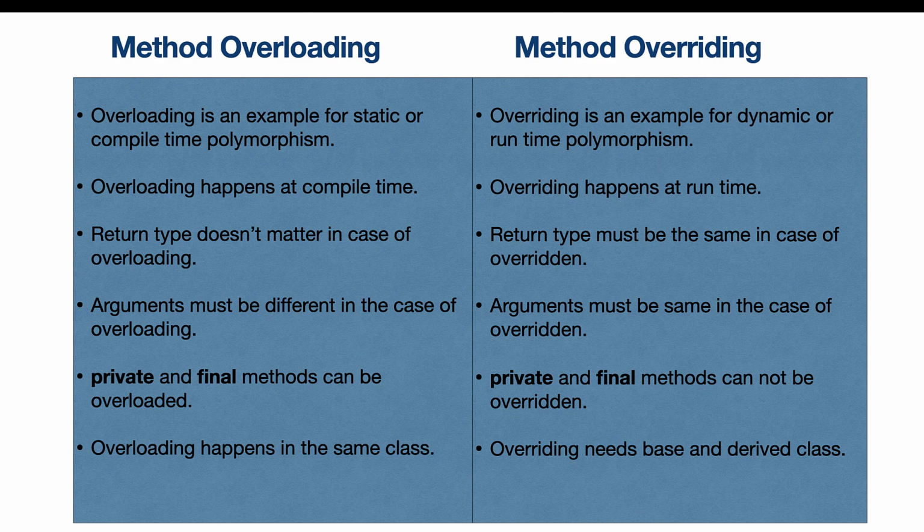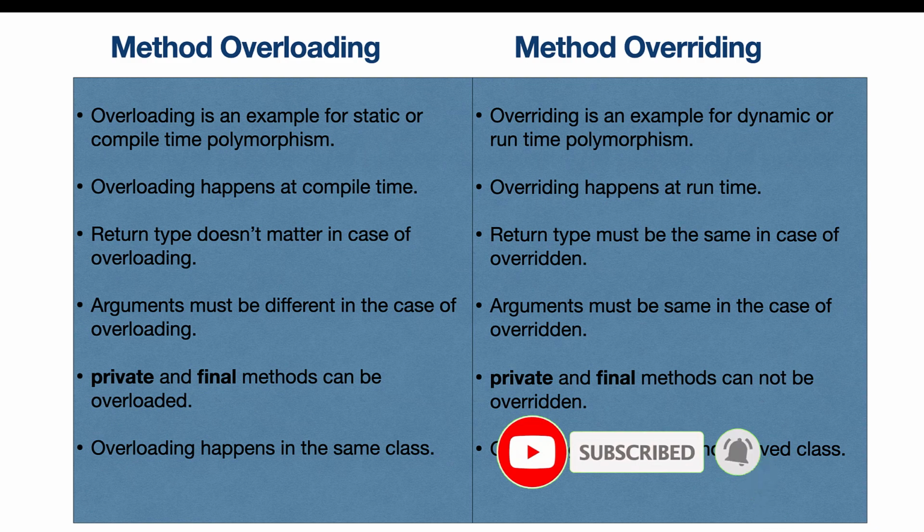Private and final methods can be overloaded, but private and final methods cannot be overridden, because we cannot extend a final class, and final methods also cannot be overridden. Overloading happens in the same class, and overriding needs base and derived classes, which is nothing but parent and child class, or super and subclass.